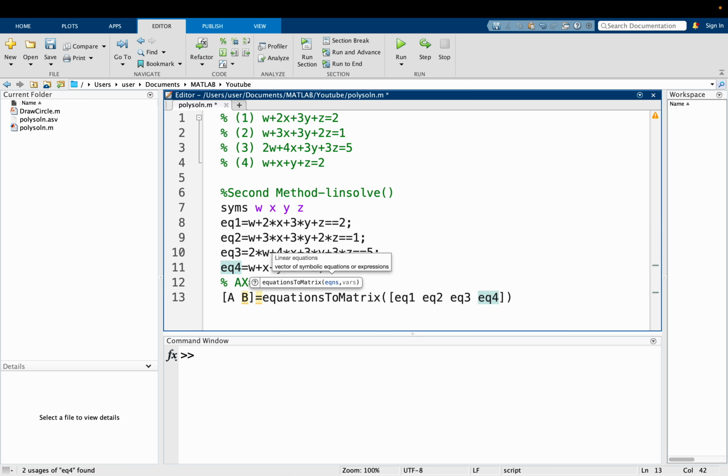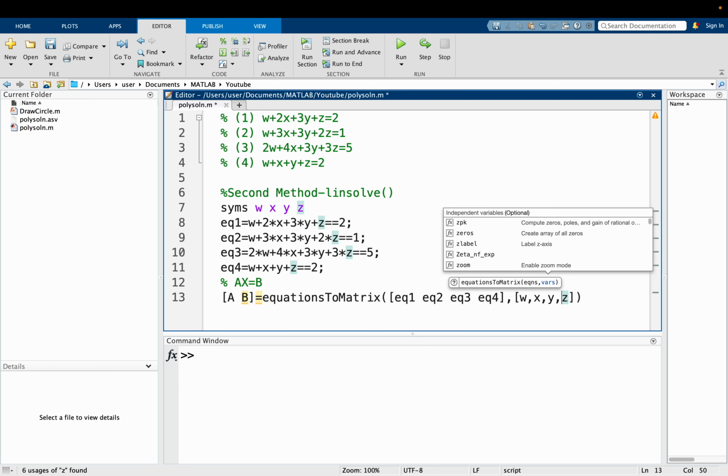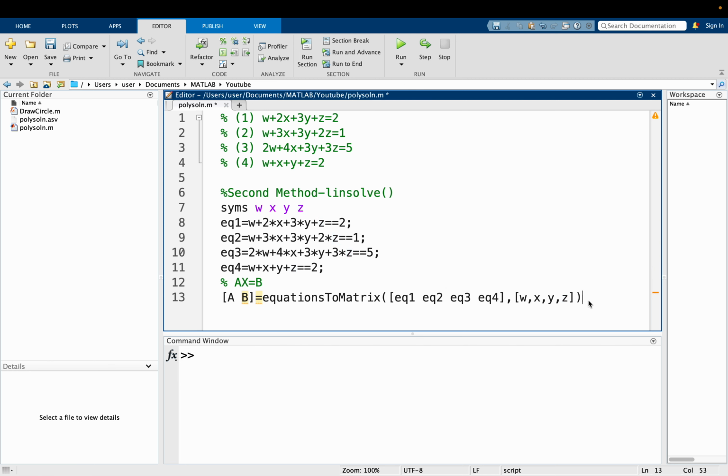And then the second argument is also the variables, so I have w, x, y, and z. This will give me A and B.